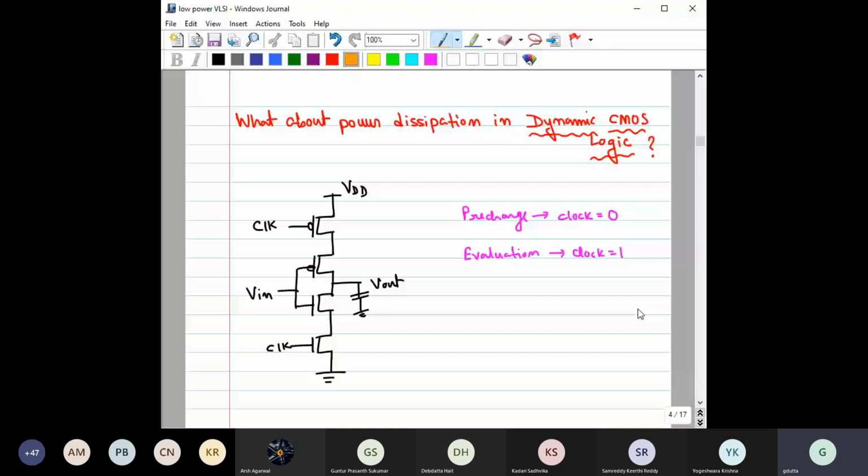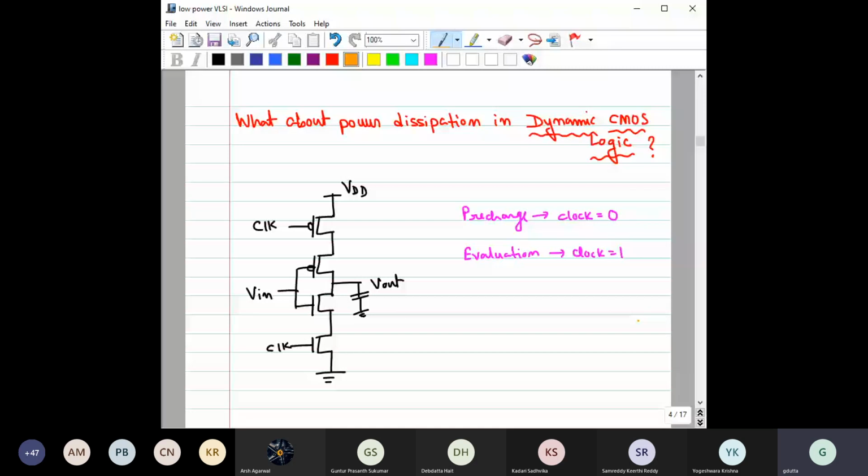So please do comment on it. Can you make any comment on power dissipation in dynamic CMOS logic?